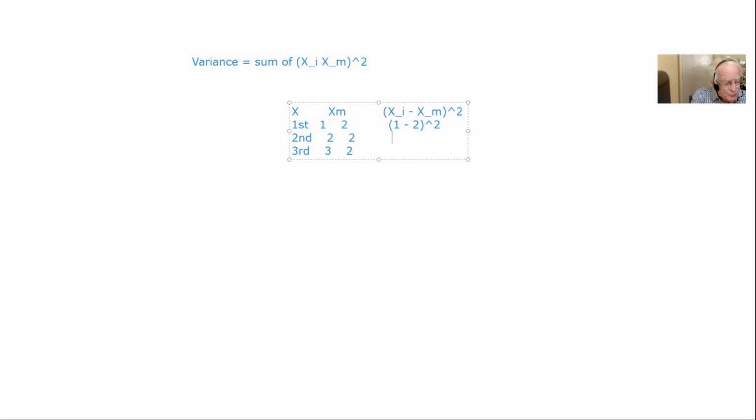The second observation, the actual value is 2, equal to the mean for the distribution.